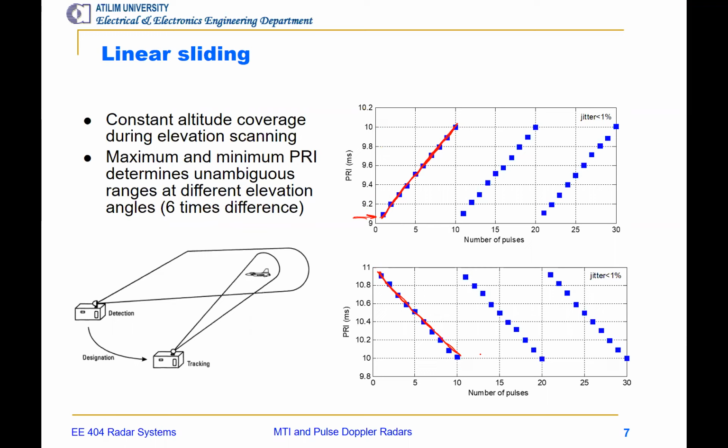This is used for constant altitude coverage for elevation scanning. And usually the max and min of these PRI values are determined according to the distance, the coverage that we would like to get.